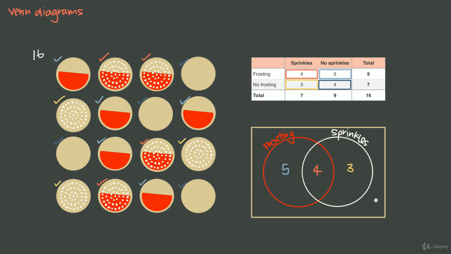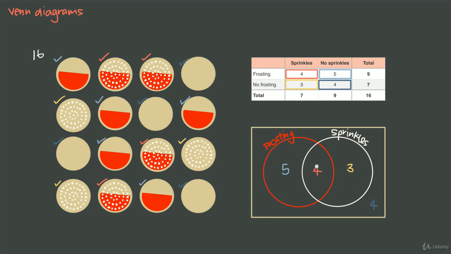So how many cookies with no frosting and no sprinkles? In other words, neither. Well, no frosting is the second row here. No sprinkles is the second column. We can see right here where they intersect. There are 4 cookies with no frosting and no sprinkles. So we write a 4 outside of both circles. And we could have written that up here or here in any of the corners, anywhere outside both circles. But this 4 represents neither.